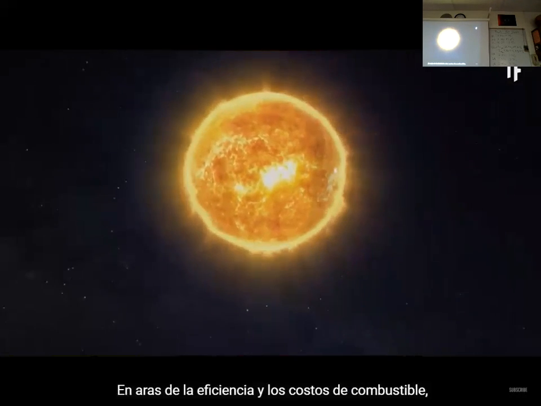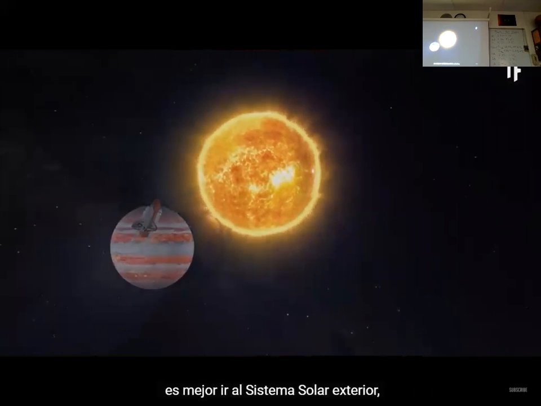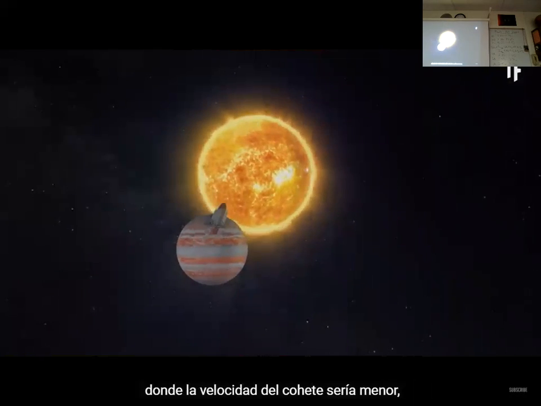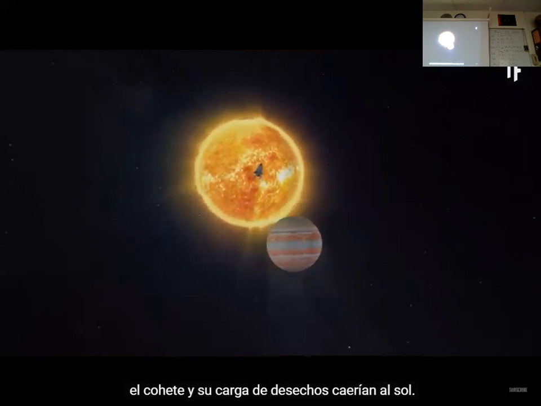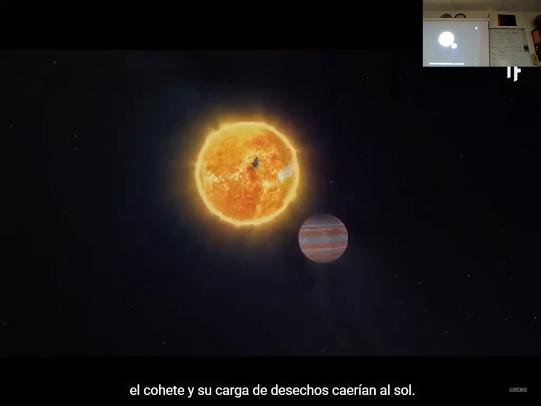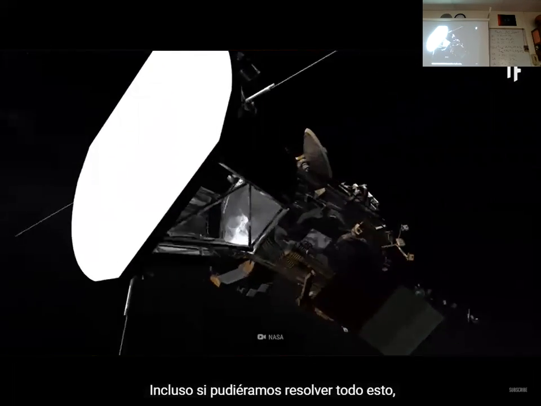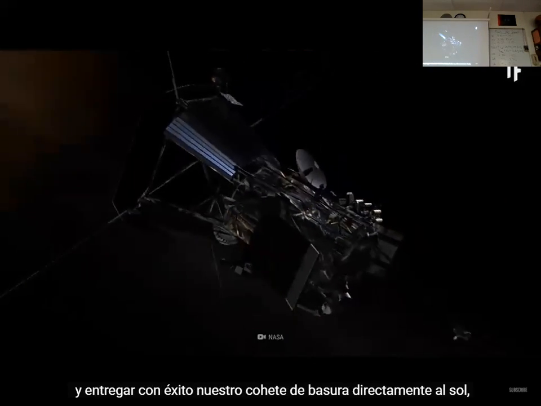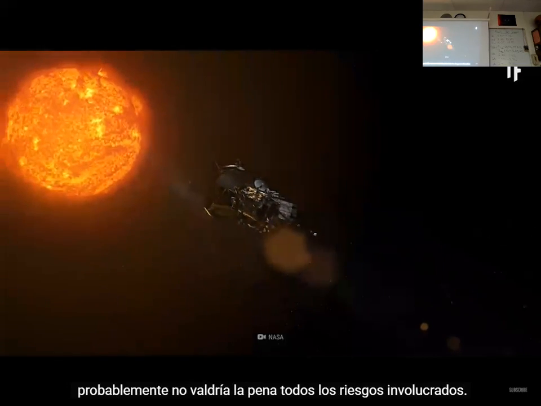For the sake of efficiency and fuel costs, it's better to go to the outer solar system, where the rocket's speed would be lower, then use a little booster juice to fire the engines enough that the rocket and its load of waste would fall into the sun. Even if we were able to figure all this out and successfully deliver our garbage rocket directly to the sun, it probably wouldn't be worth all the risks involved.